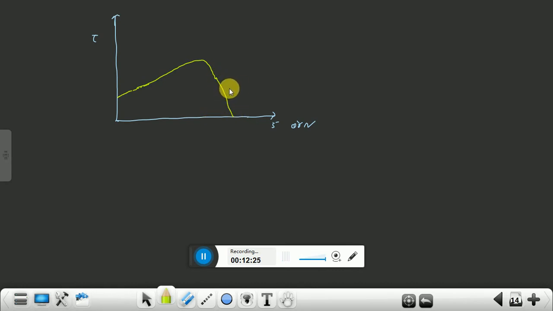Okay, this one, and next plot is this one.